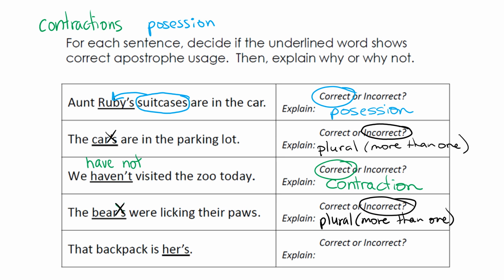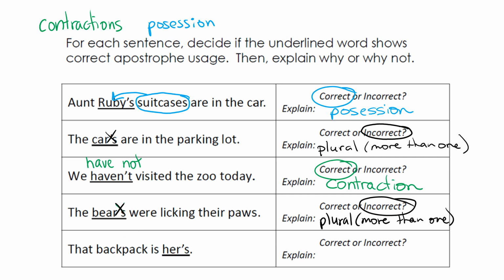And finally, we have our last one here. That backpack is hers. Again, I'm going to ask myself, is it a contraction? Am I trying to say that backpack is her is? No. And then the next thing I'm wondering is, does this one show possession? That backpack is hers. Yes, it does. The backpack belongs to her.